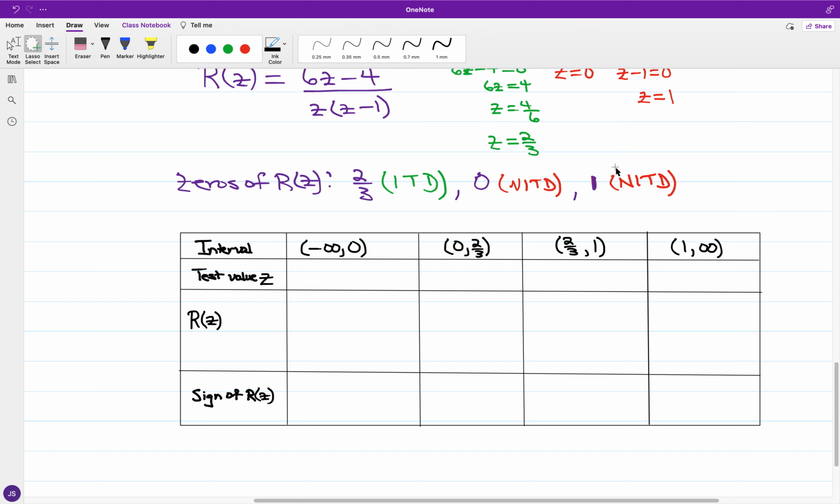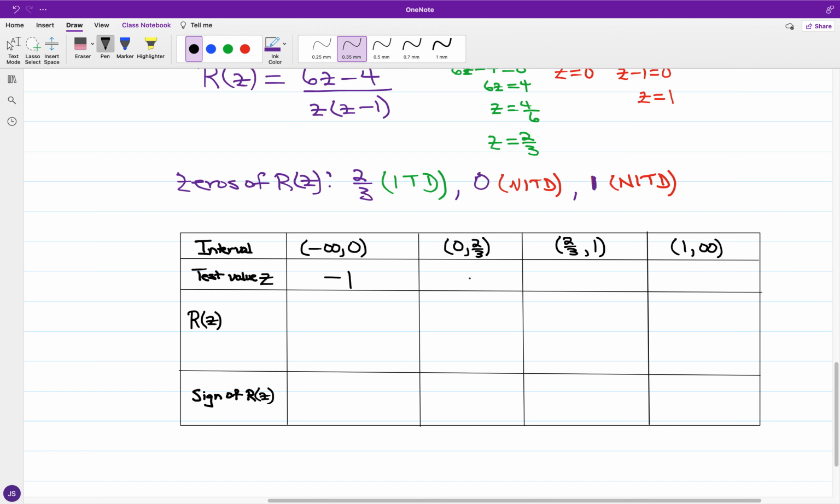There we go. All right, so for test values in z, anything that is less than 0, I like using the number 0, but I cannot this time around, so I'm going to go with, say, -1. Between 0 and 2/3, go with just about any value that is less than, say, 0.67.